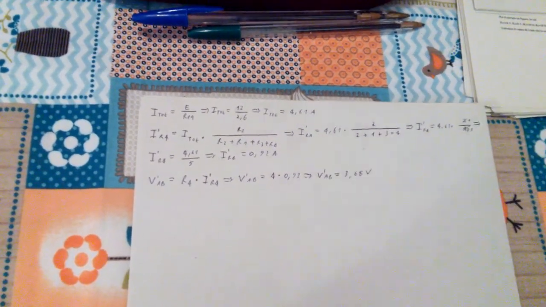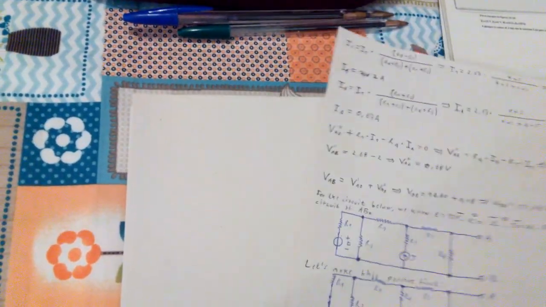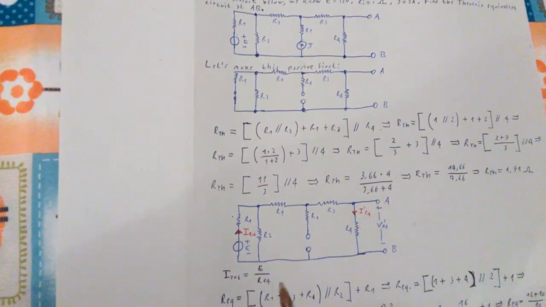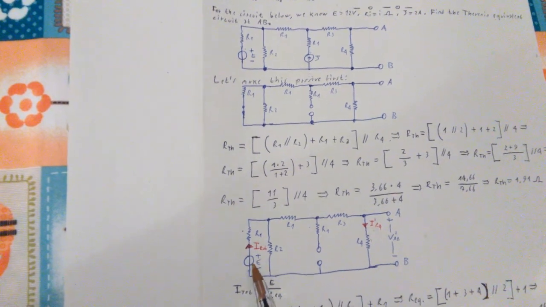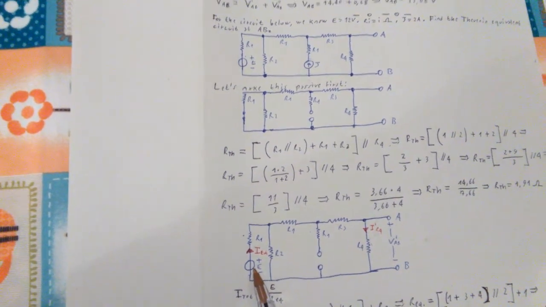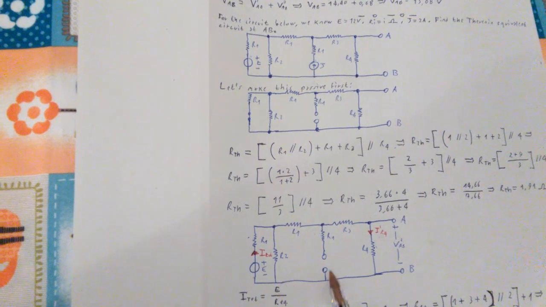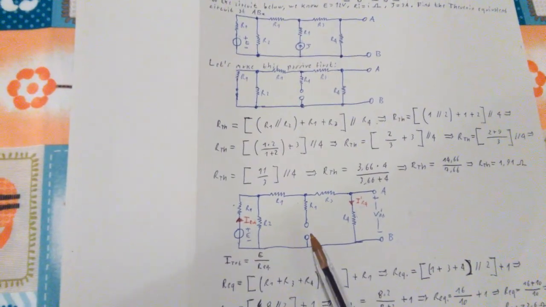As I said, we just considered the voltage generator, and we turned the current generator into an open circuit. Now we're gonna do the opposite.